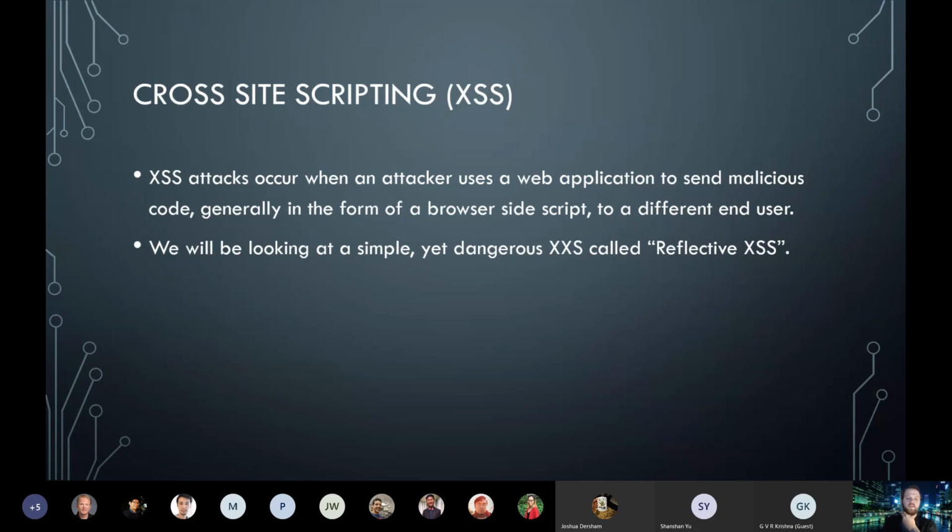Cross-site scripting attacks occur when an attacker uses a web application to send malicious code, typically in the form of a script, like an alert, to a different end user. The one we're looking at is called reflective XSS. It's pretty dangerous. You can use it to do a lot of different things.